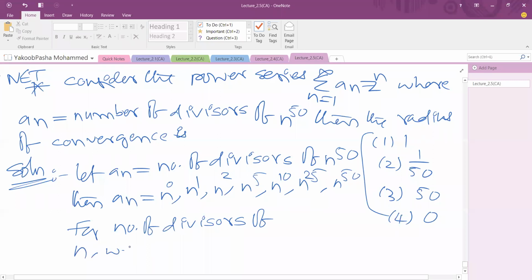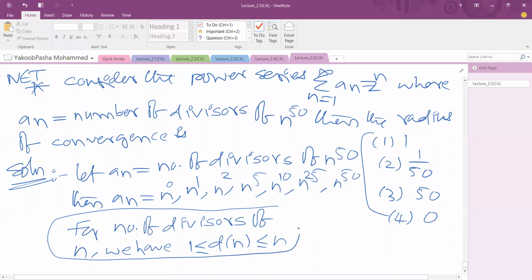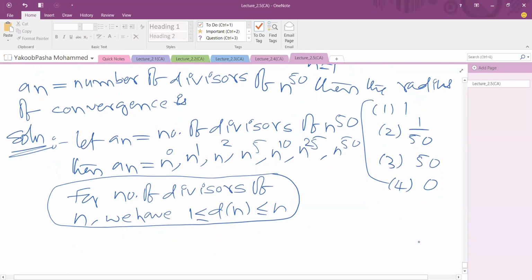We have d(n), the number of divisors of n, which is less than or equal to n, and obviously greater than or equal to 1. We can use this formula to find the radius of convergence of the given power series.